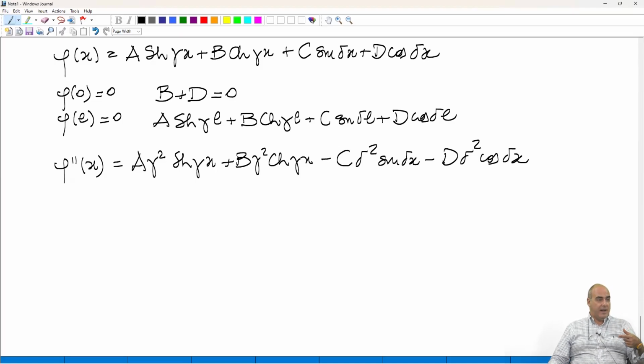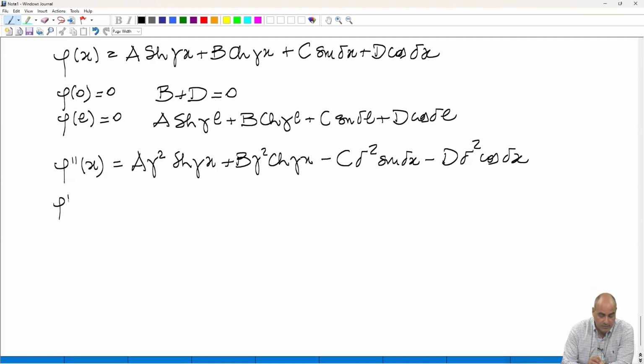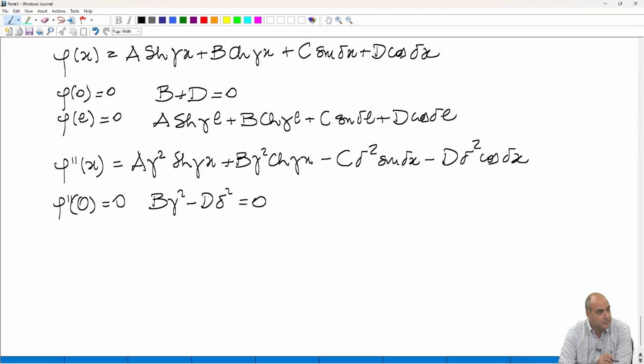The trigonometric functions keep changing between sinus and cosinus, but it's sinus, cosinus, minus sinus, minus cosinus, back to sinus. So you have a fourth periodicity on the derivatives. Well, let's do the second derivative of phi in 0, which has to be equal to 0. So what do you have? The first term is 0, it cancels out. You have B gamma square, C delta square times the sinus of 0, which is 0, minus D delta square equal to 0.